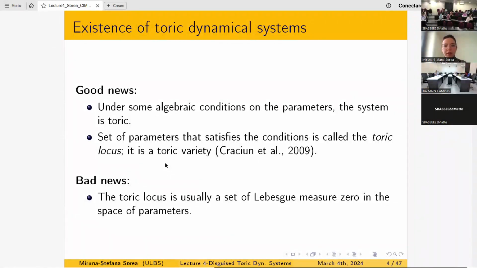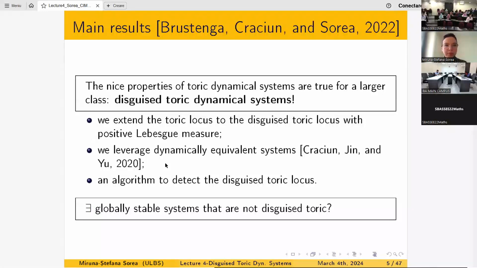That's the problem. That's the motivation of this work, because we noticed that picking such a system, since they are rare, might be difficult in practice. So here comes our contribution with Laura Brustenga, Imon Cuzi, Gheorghe Crăciun, and myself. We actually extend the toric locus to the so-called disguised toric locus.